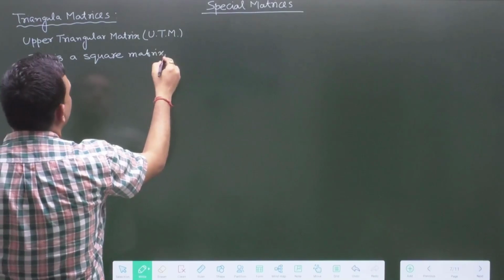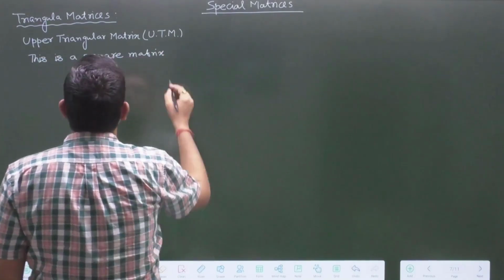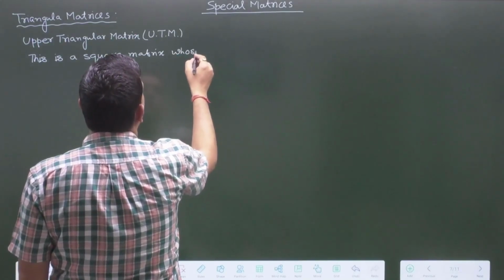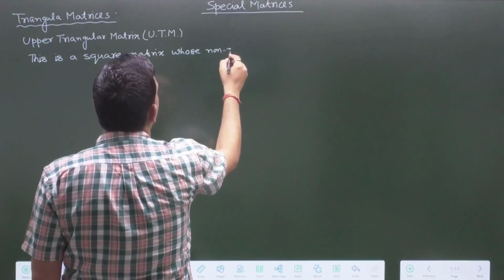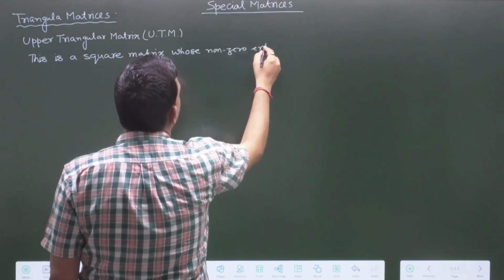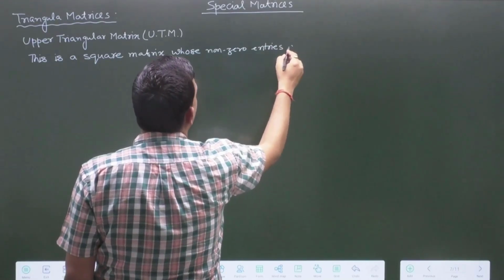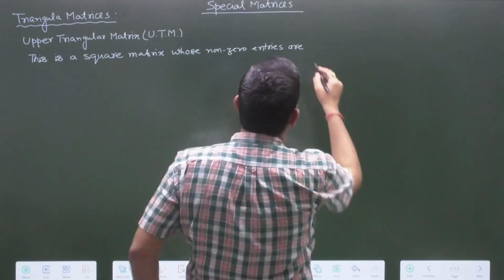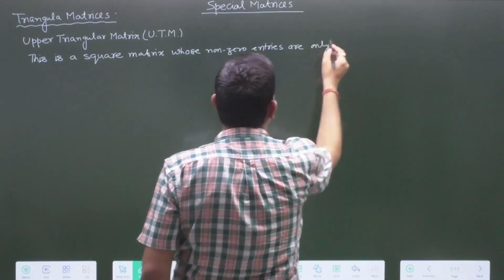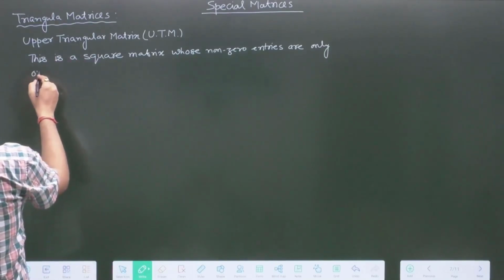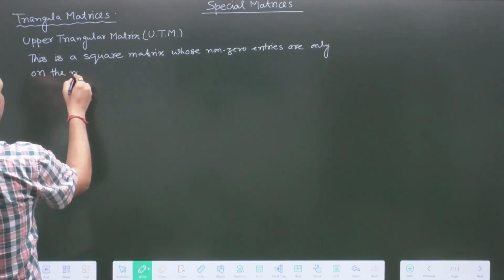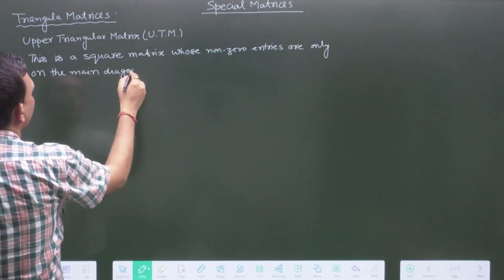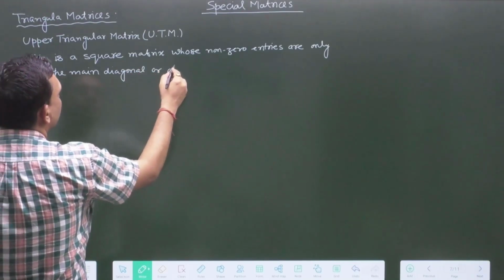A square matrix whose non-zero entries are only on the main diagonal or above it.